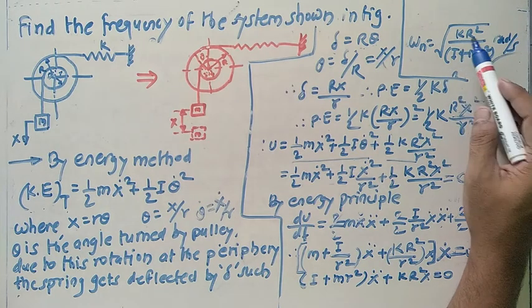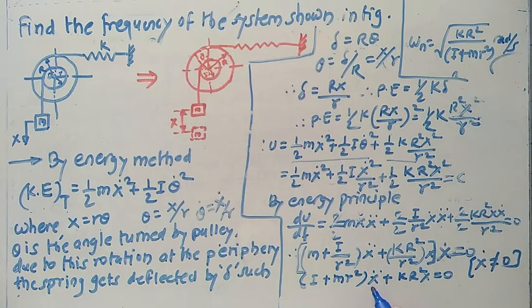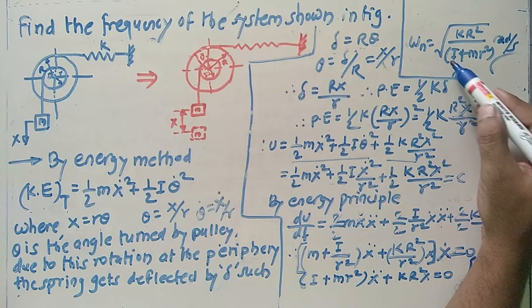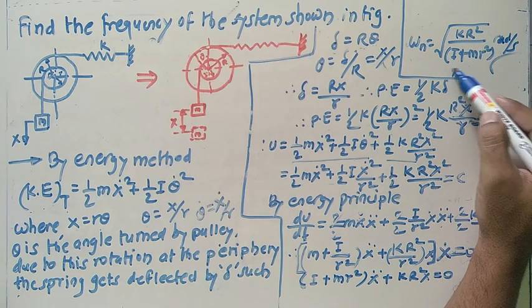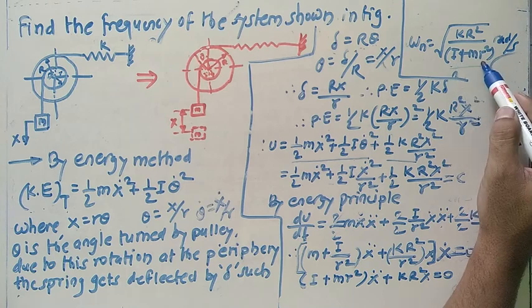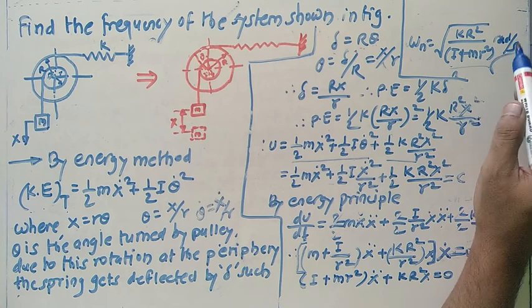Here x double dot plus k R square into x, this term goes in the denominator. If I compare this with the SHM equation, what do we get? Omega n equals square root of k R square divided by this bracket, I plus m into r square, in terms of radian per second.